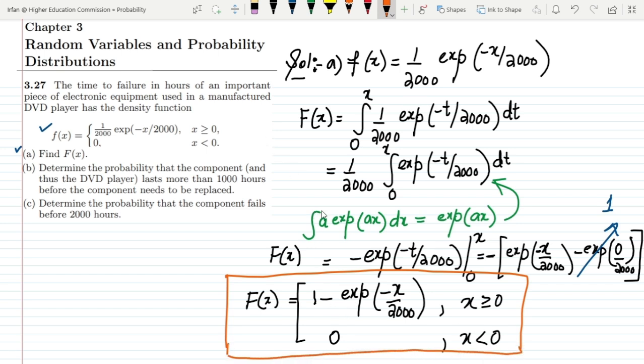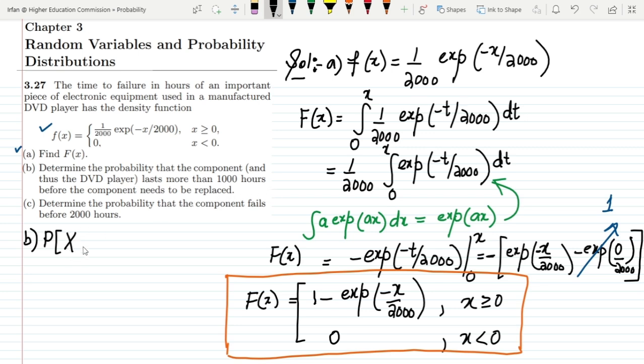Now in part B, we are asked to determine the probability that the component, and thus the DVD player, lasts more than 1000 hours before the component needs to be replaced. So I have to find the probability that the component lasts more than 1000 hours.